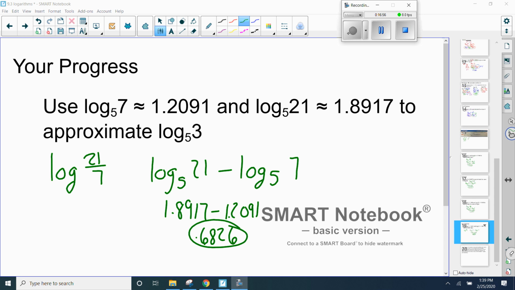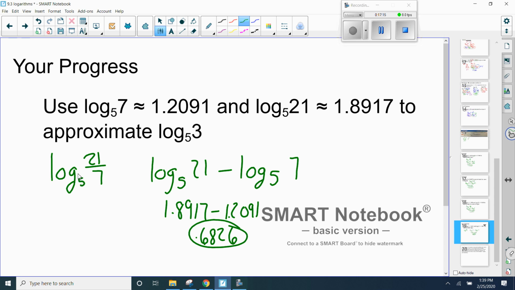Because you're looking at exponents, right? As you go through, when you divide bases, same base. What base are we in?